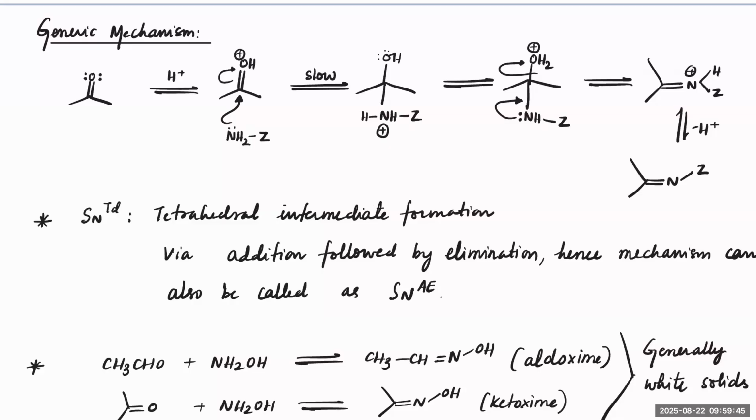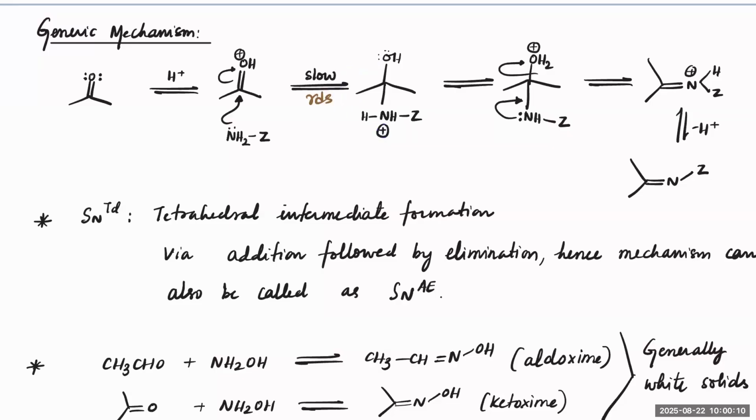First proton, because you are maintaining a very mild acidic condition around 4 to 6, so the lone pair will take H plus first. Then the lone pair present on nitrogen will attack as a nucleophile. So this is the rate determining step. And it will get a nitrogen form here. And since nitrogen has a positive charge, the lone pair from oxygen will take this H plus internally.